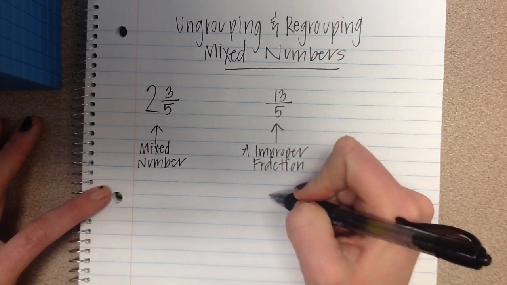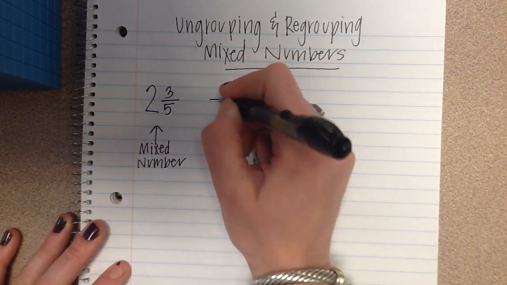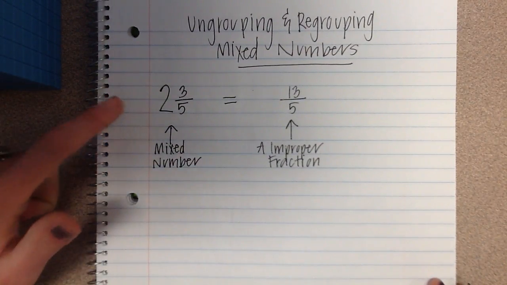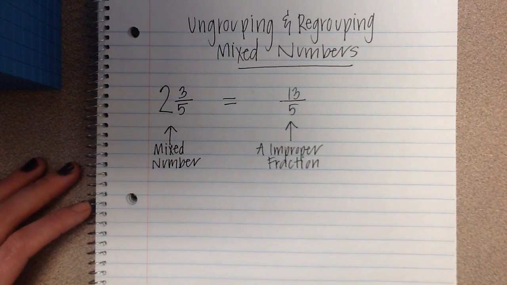So these are equivalent fractions, okay? So 2 and 3/5 is equivalent to 13/5.